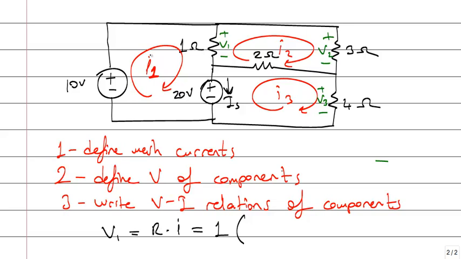So I1 is the current entering from the positive of V1, and there is another mesh current flowing on that component, which is I2, but it's entering from minus. So I2 opposes the current on this resistor. Then I should say minus I2. It means the total current on that resistor is I1 minus I2.